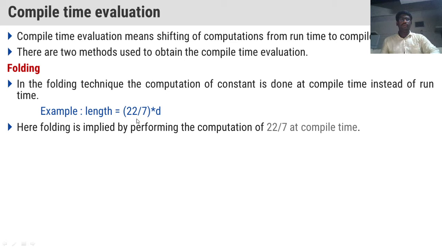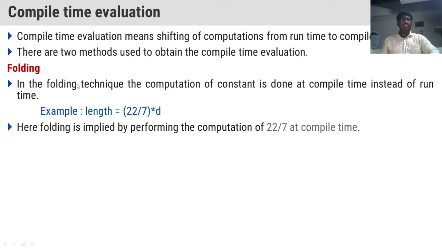So this 22 by 7 will be evaluated during compile time only. Why? Because if this gets evaluated during runtime, it will take more time for execution. That is why we are doing most of the things during compile time. That's why they are called compile time evaluations.